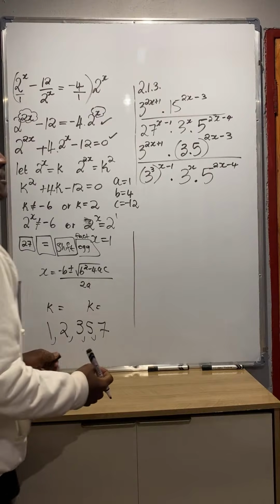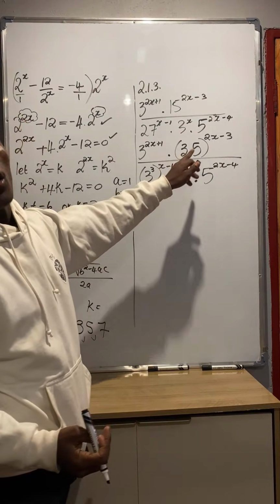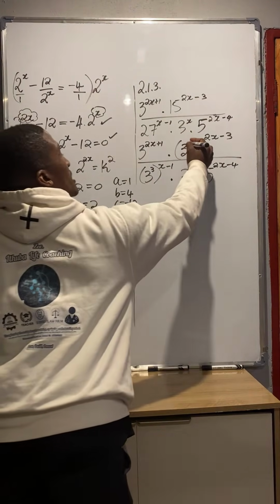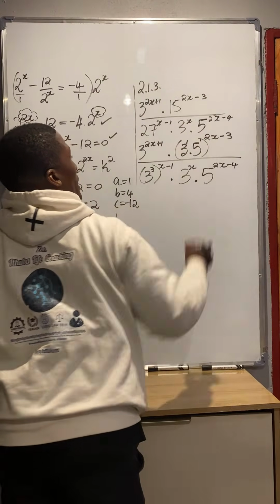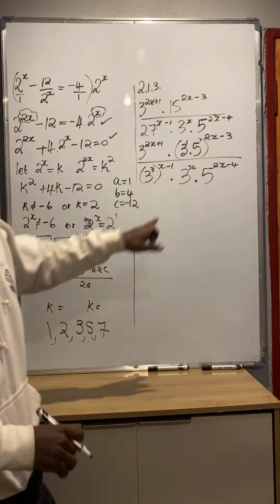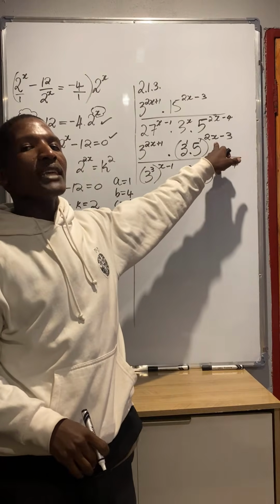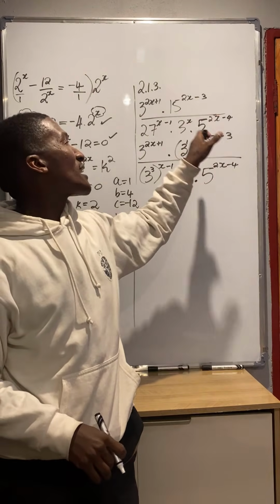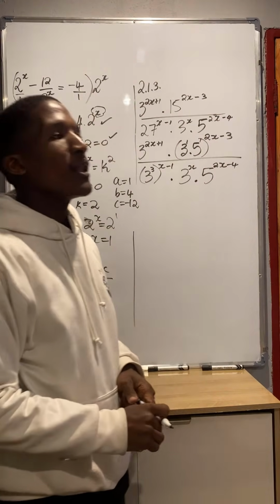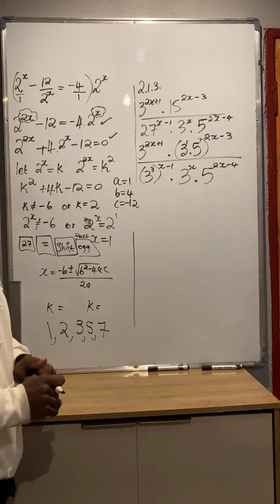I'm going to remove the brackets. This is an exponent of 1. There is a rule that says if you have an exponent outside the bracket, you distribute it to all the bases inside the bracket.